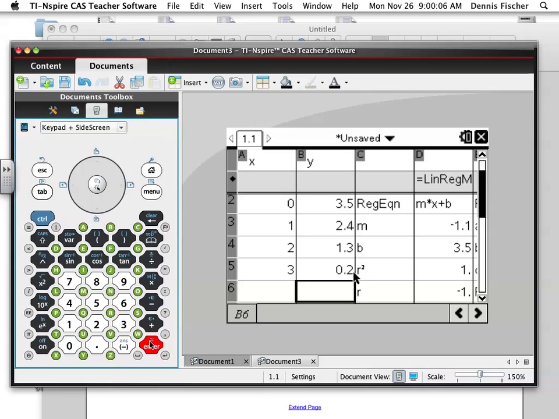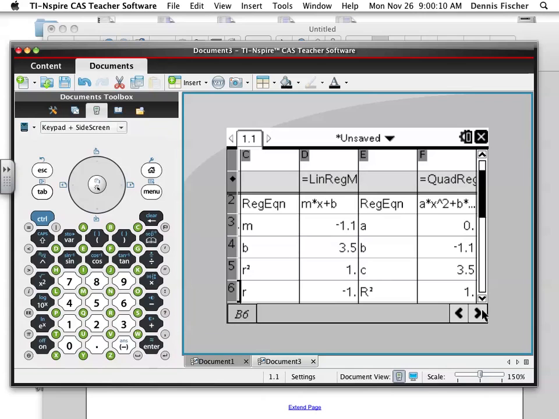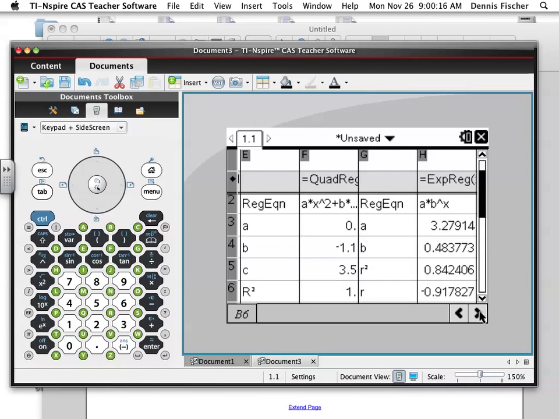It's a very good model, isn't it? Now, if I looked at my quadratic regression, is it a good model? I'll come back to that in a second. If I look at my exponential regression, is it a good model? What's my R squared on my exponential? 0.84, correct? Which model is best?